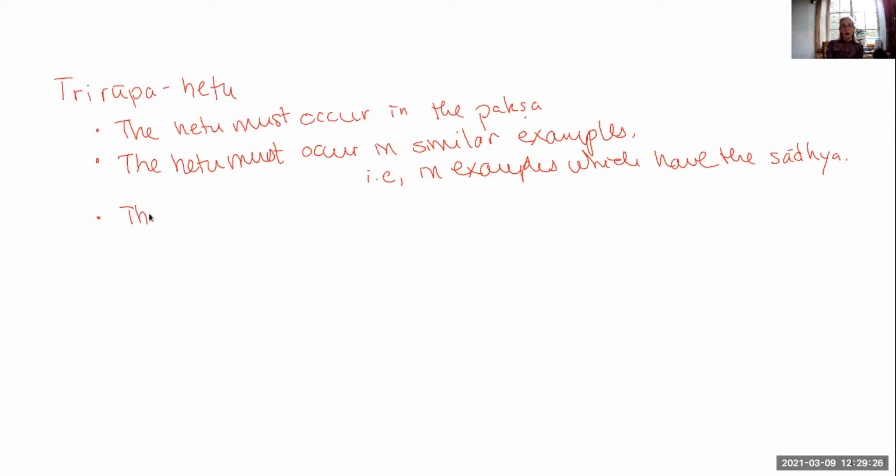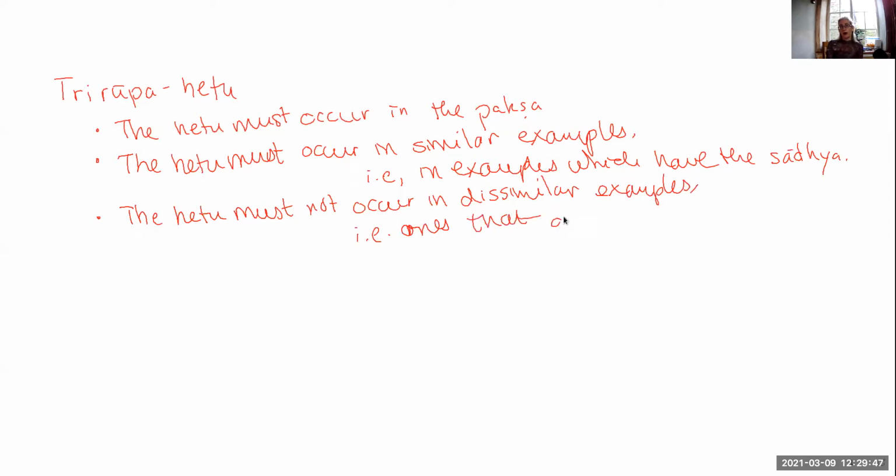But then our third characteristic of a good hetu is a negative one. The hetu must also not occur in dissimilar examples, i.e., ones that don't have the sadhya.